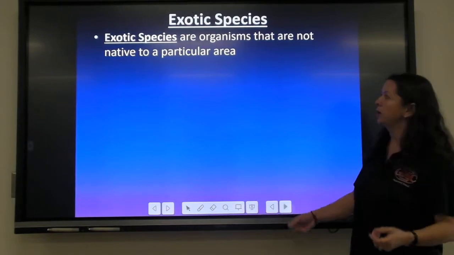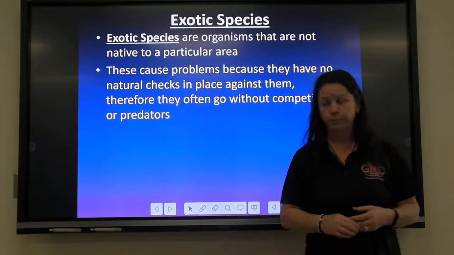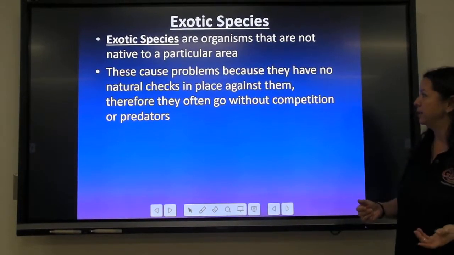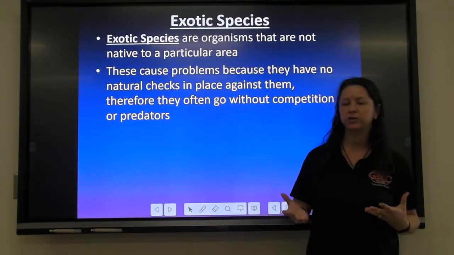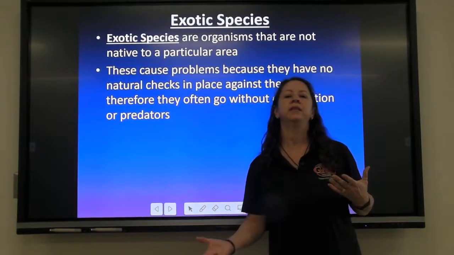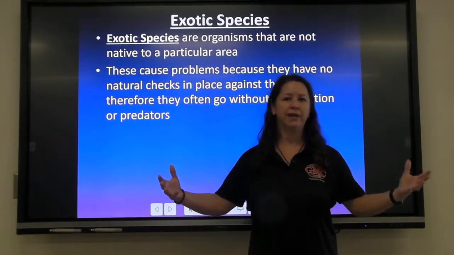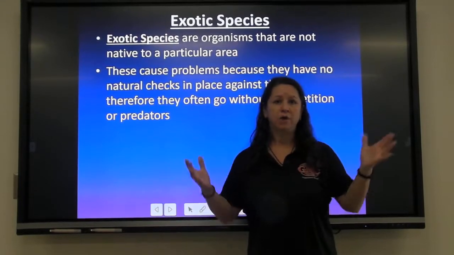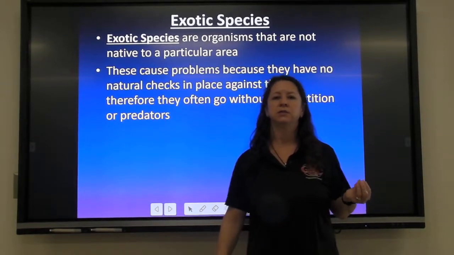Okay, doesn't sound bad so far, but these cause problems because they have no natural checks in place against them, and so they don't have competition and they don't have predators. Now here's the problem. In our natural world, in an environment that has actually evolved all together, that's the plants and the animals in the environment, they all kind of grow up together over hundreds or thousands or sometimes even millions of years.